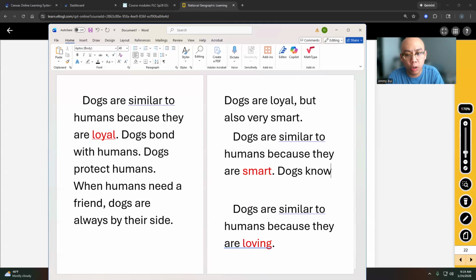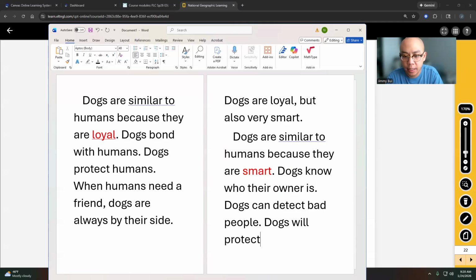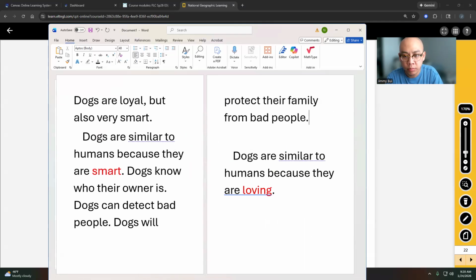Dogs know who their family is, their owner is. Dogs can detect bad people. Dogs will protect their family from bad people.